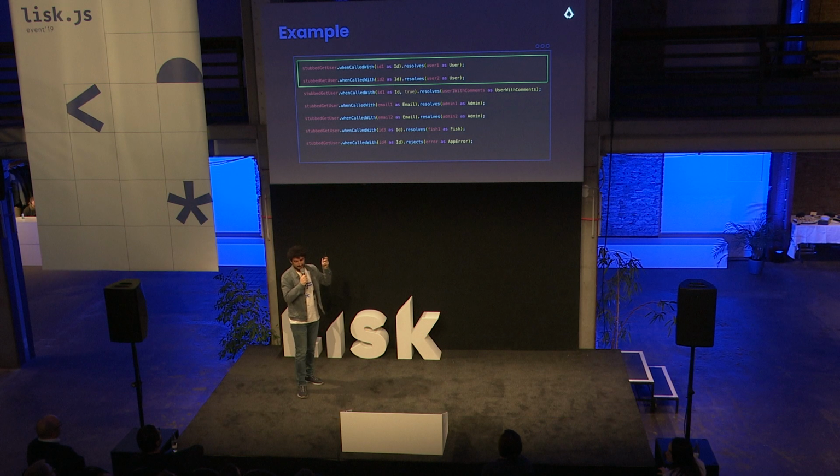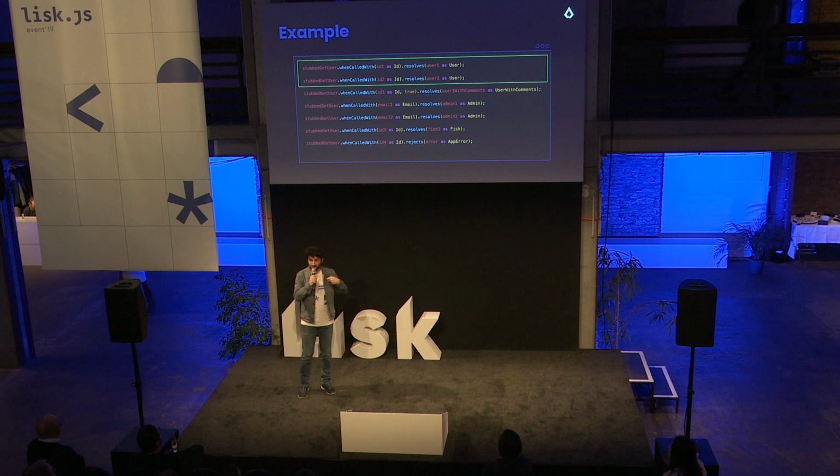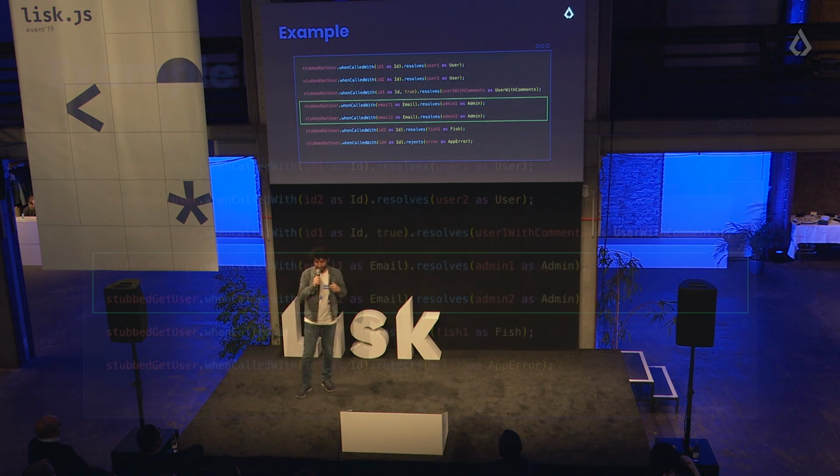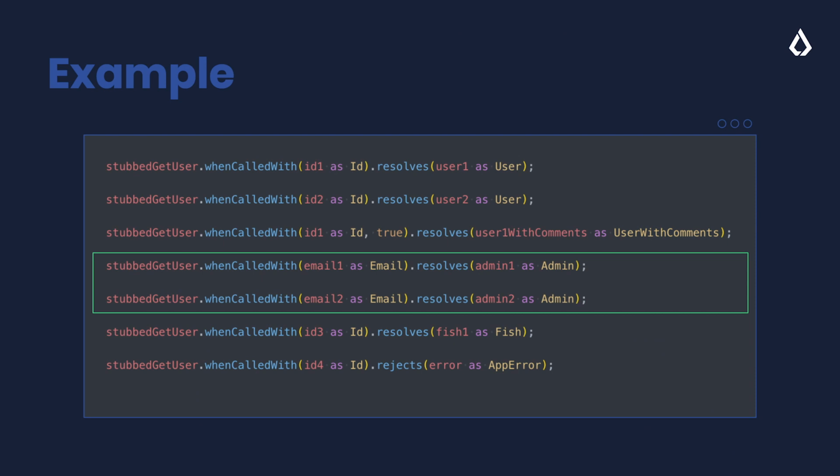The yellow parts you see there as ID show you the type of the data that you are providing. And it returns a user object. And in the second call, when you provide an input of email type, then it returns an admin object.